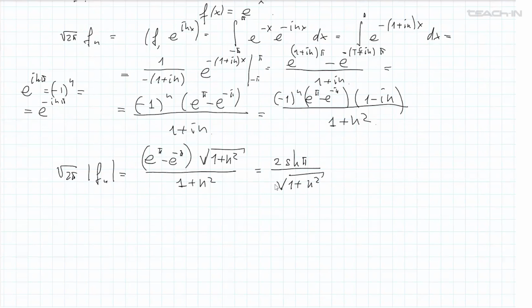But here I emphasize that we have an integer numeration. So non-zero elements are taken twice, doubled, and for n equals 0 we have an additional term.